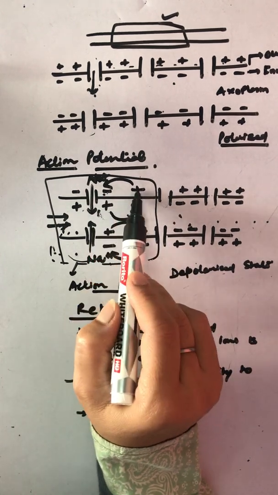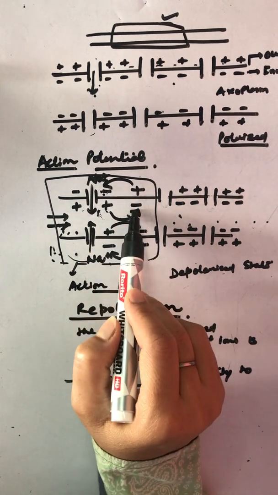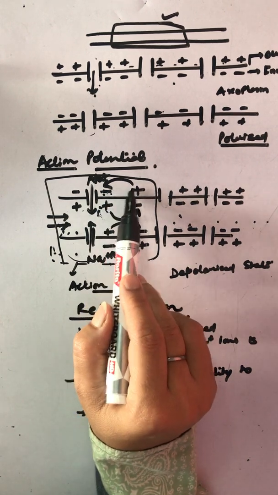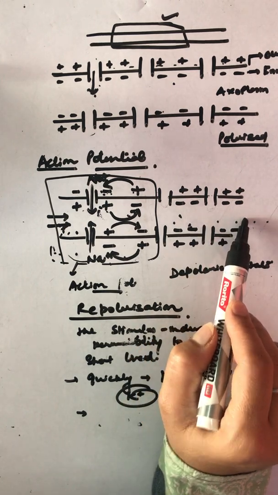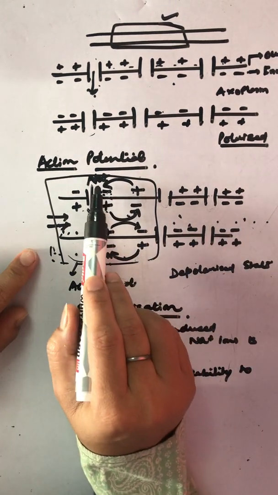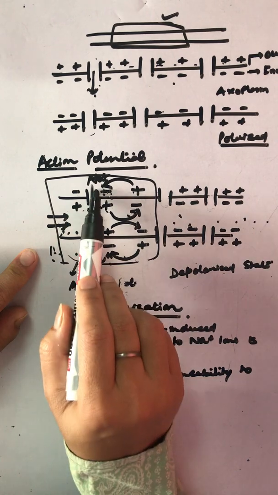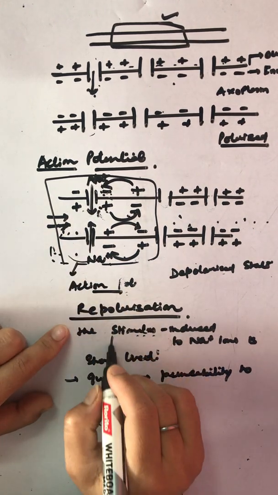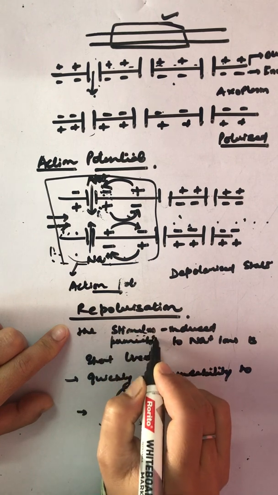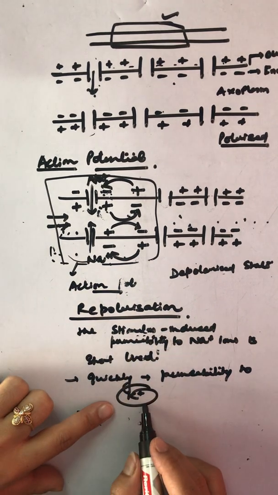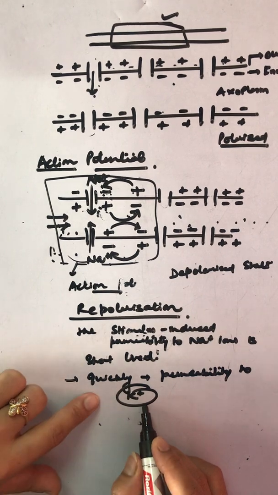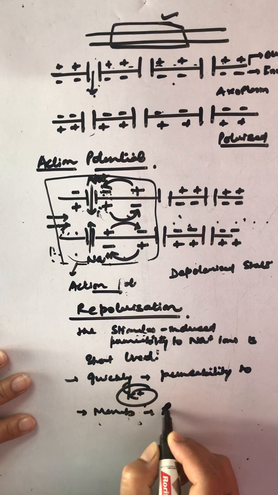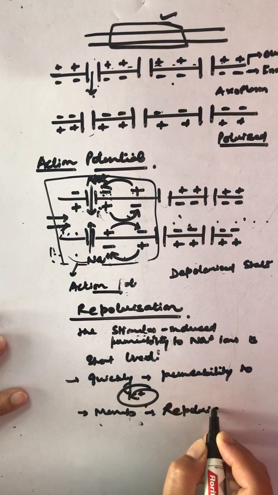Potassium starts coming back out, positive charge starts coming, this positive will flow forward and negative will come back. It means as soon as the stimulus has reached here, the polarity is reversed, because this polarity is a very short-term polarity. It is very, very short-lived, and this permeability to sodium ions will be reversed with potassium ions, and at this stage the membrane is said to be repolarized.